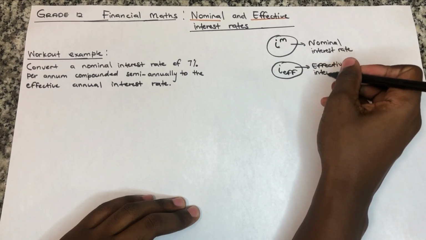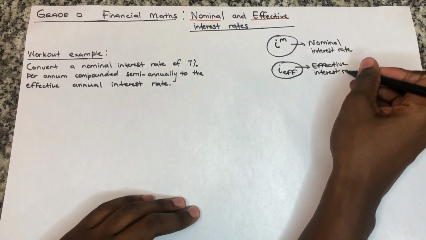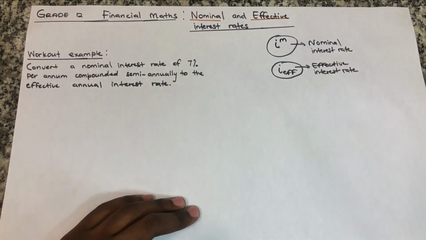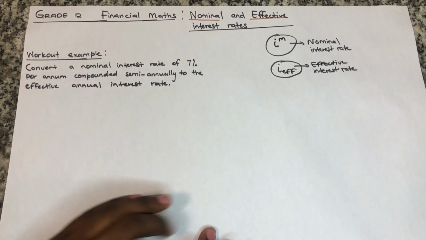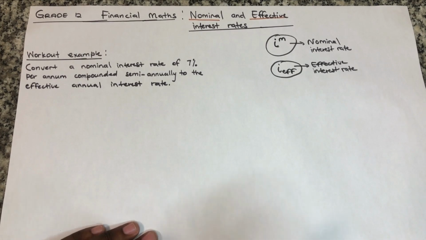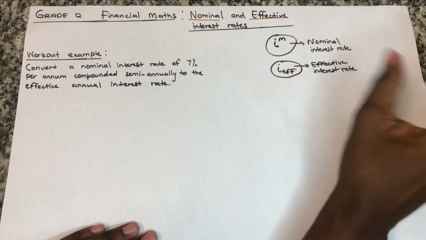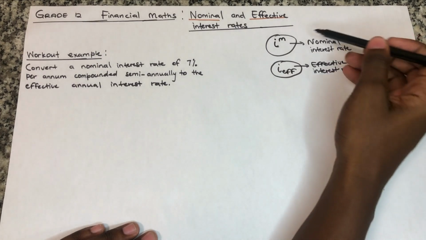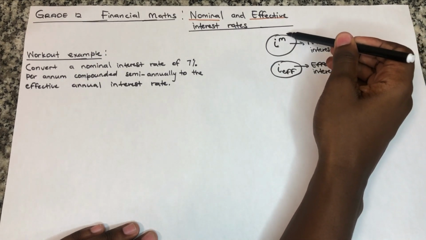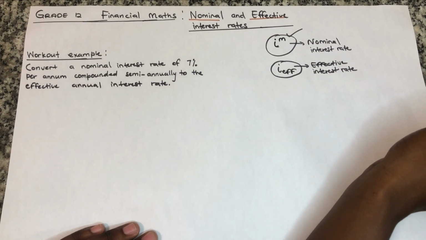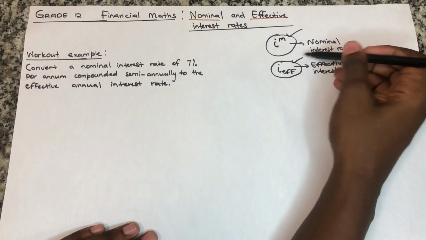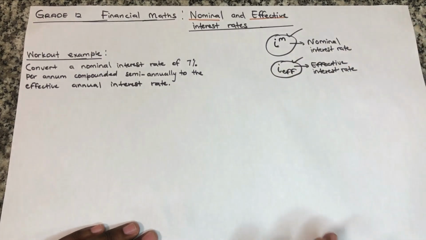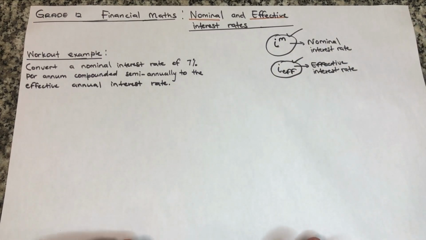Hope everyone can see. All right, let's move forward now. But what you have to keep in mind here is that this shows nominal interest rate and this shows effective interest rate. Simple.